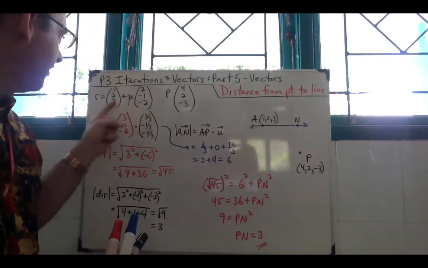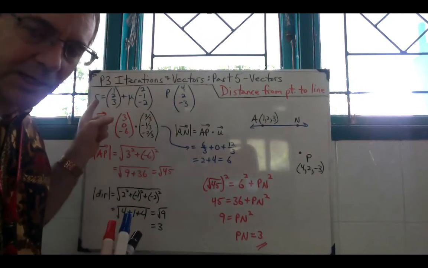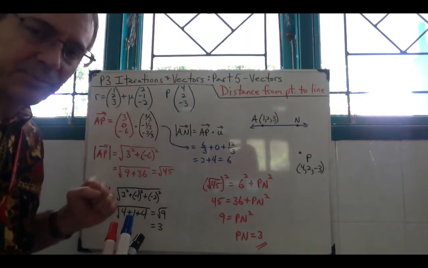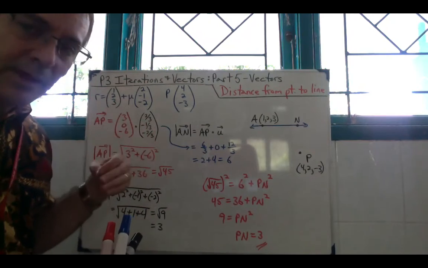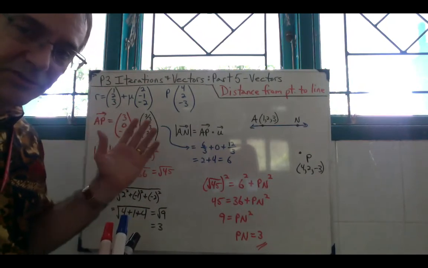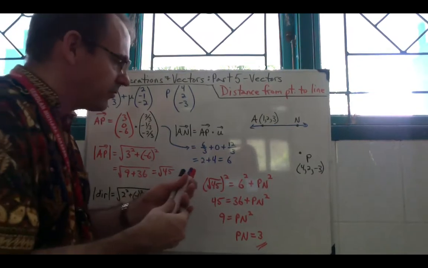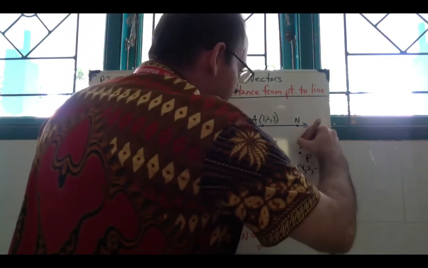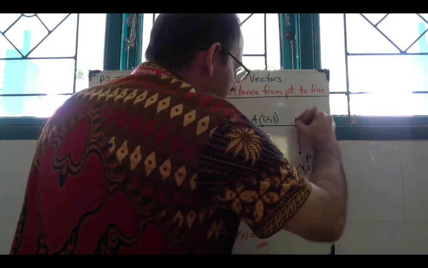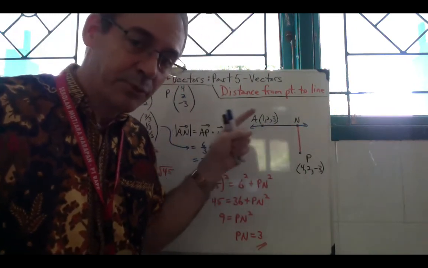So here is our equation of the line and our point, but I've changed it to column vector form. Again, I've explained in the past, I like column vector form better because it's easier to use mathematically than the component form. So what we want to find is this length here from P to N. Now, I don't think I mentioned it in the previous example.